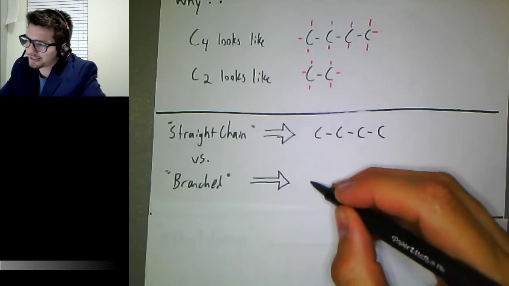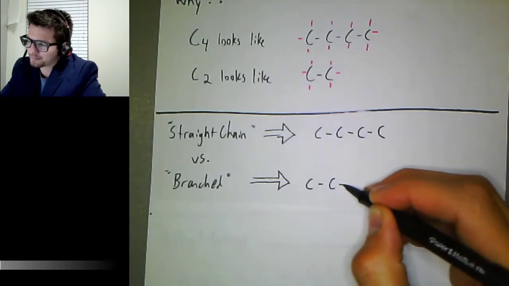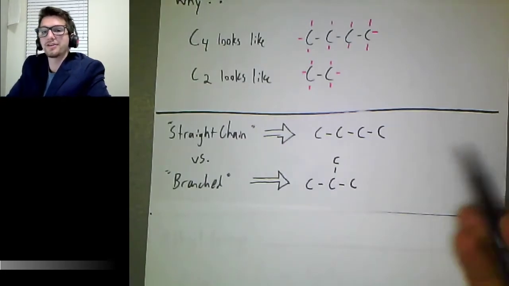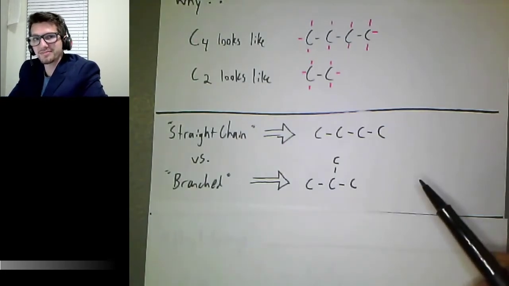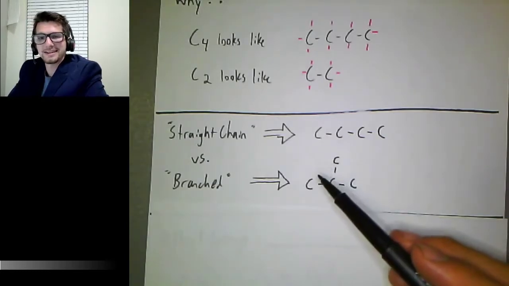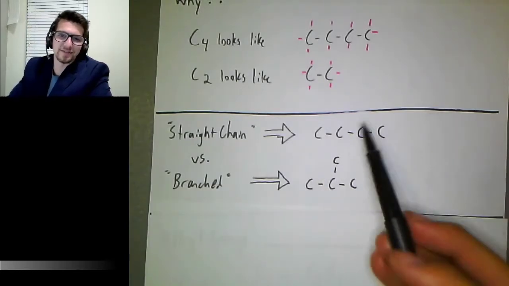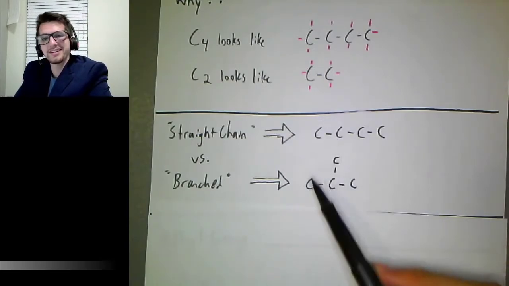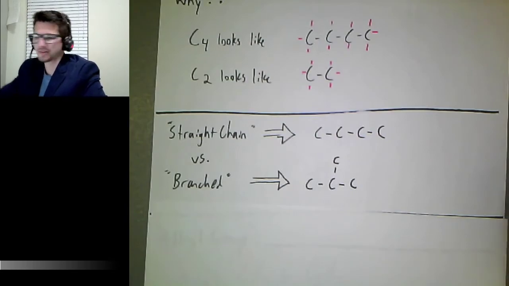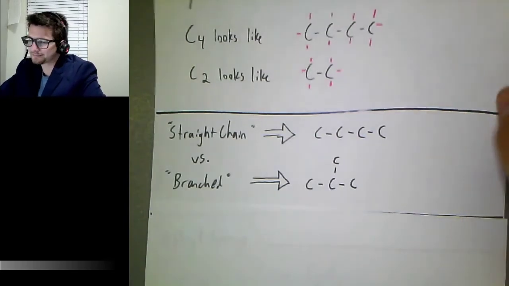Branched would look like this. Notice both of them have 4 carbons. Both of them might even have the same chemical formula, but they're just in a slightly different version. The straight chain is in a straight line. Branched, one of them sticking off in some weird direction. Okay? Pause the video if you need to finish writing.